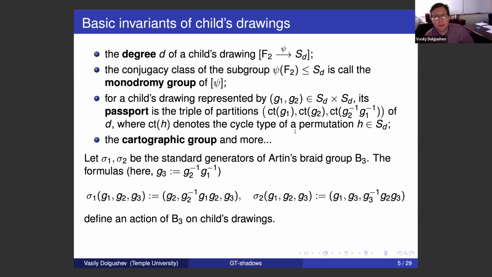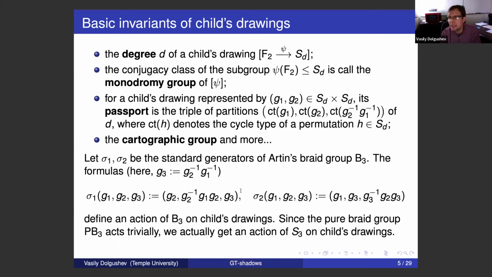So I want to mention something that, well, kind of falls in the category of invariance. Let me denote by B3 Artin's braid group on 3 strands, and I'm going to denote by sigma 1, sigma 2 the standard generators of B3. Then it turns out that these formulas define an action of B3 on child's drawings. And in fact, PB3 acts trivially. When you look at the formulas, it's not obvious.